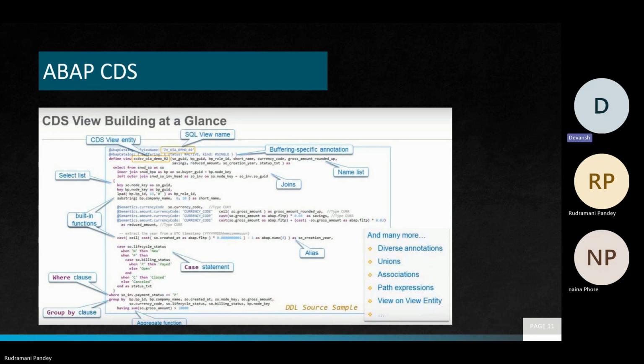Other than that, in CDS there are different kinds of views: basic views, consumption views, and interface views, which interact between the others, though the names may differ. There are three kinds of CDS views, and we are going to capture all three of them.